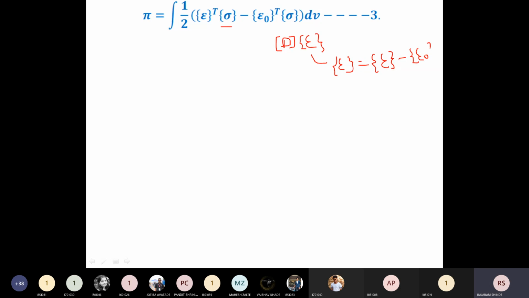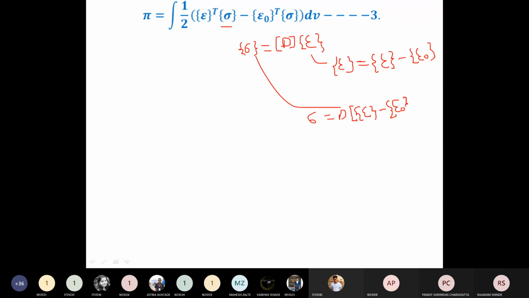Okay. Now so your stress becomes, this is your stress sigma matrix, okay. So this becomes stress is equal to d into epsilon, that is your total strain minus initial strain epsilon 0.